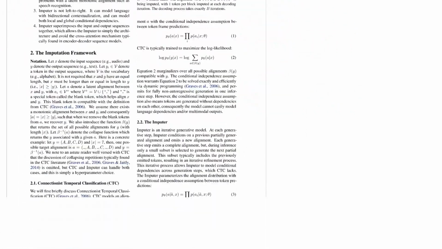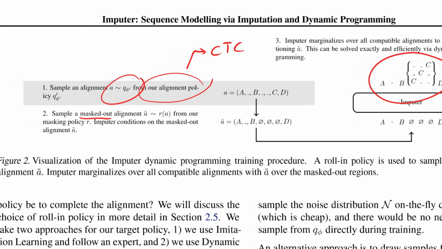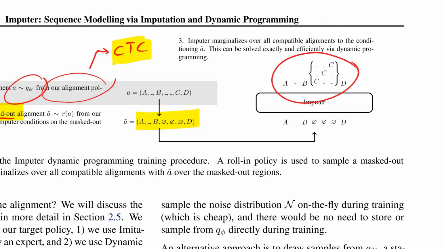While these people are proposing a training framework where you have a heuristic in order to come up with the training sample alignments, and here you have, I think, a random masking policy that comes up with where the empty tokens are. So this is not the same distribution, and then also it marginalizes over all compatible alignments, which I'm pretty sure is not the same distribution. This is not the correct loss distribution.